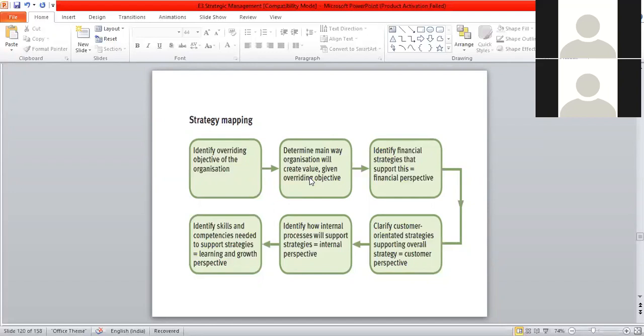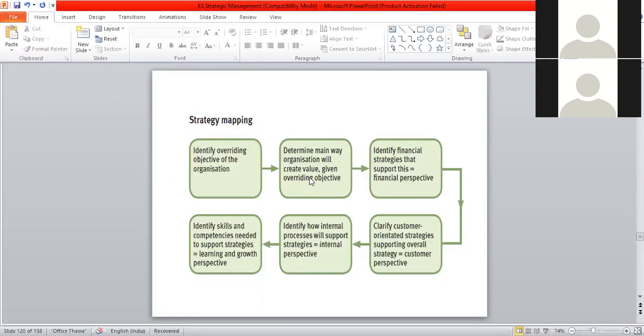Value is created for the customers, and for other stakeholders like investors and shareholders. So, considering the objective of the organization, value for the stakeholders should be created. That's the second step. First the objectives are identified, and considering the objective, how value is created for the stakeholders is the next step.